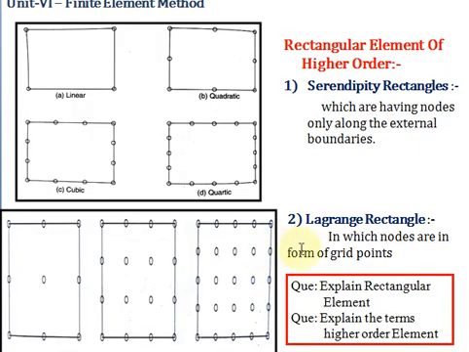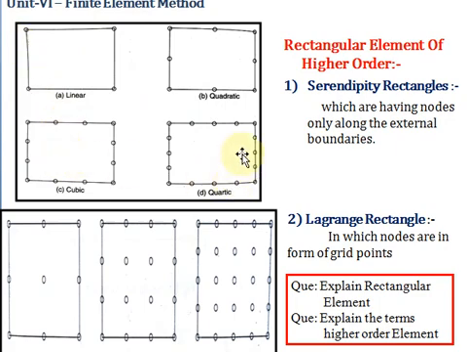Now we'll see the higher order rectangular elements. The first higher order rectangular element is the serendipity rectangle. In these serendipity rectangles, all nodes are on the edges of the element.